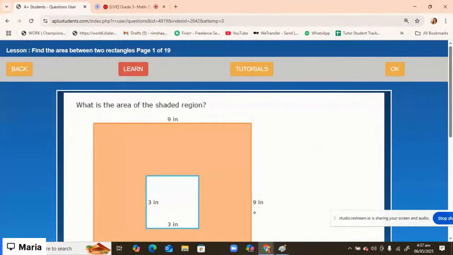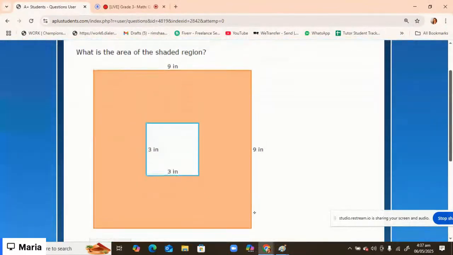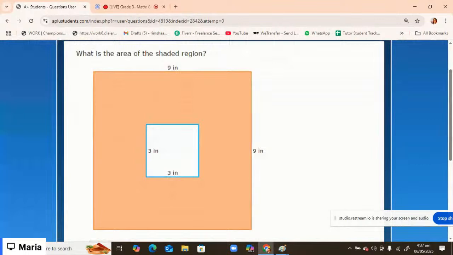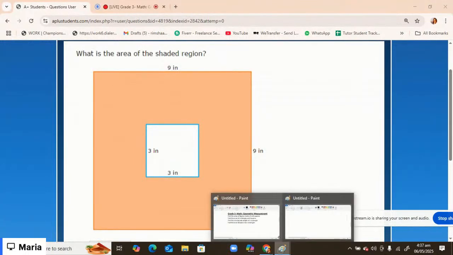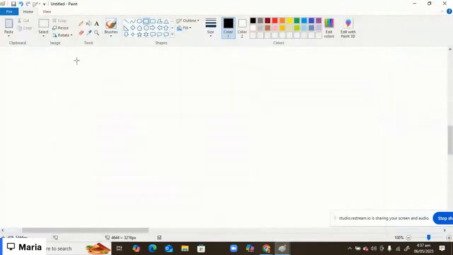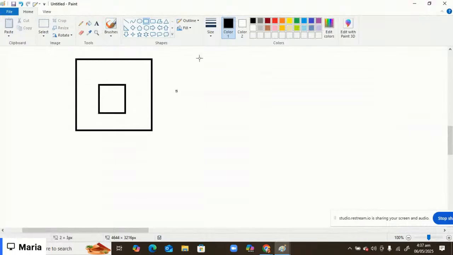What is the area of the shaded region? First of all, here is the figure. Nine and nine, 3 and 3.